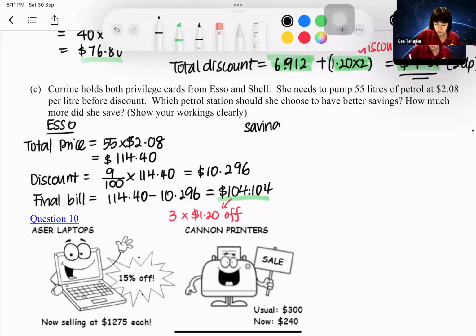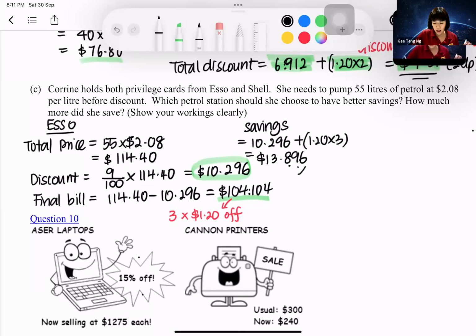My total savings or total discount will be $10.296 plus how many times of 1.20? 3 times of 1.20, right? So under SO, 10.296 plus 1.20 times 3 gives me $13.896.